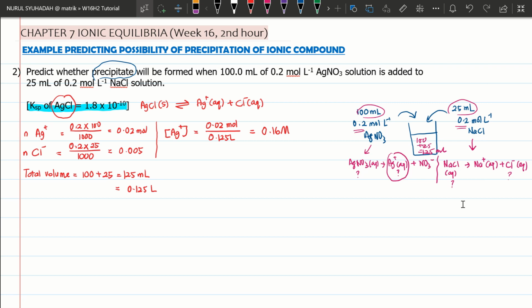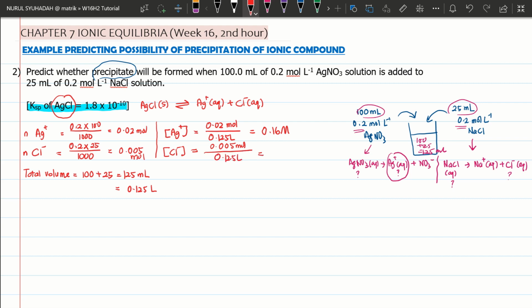Awak teruskan calculation. Okay, kita akan teruskan cari pula concentration of Cl minus. So, ni saya tinggal mole tadi, 0.005 mole bahagi 0.125 liter.